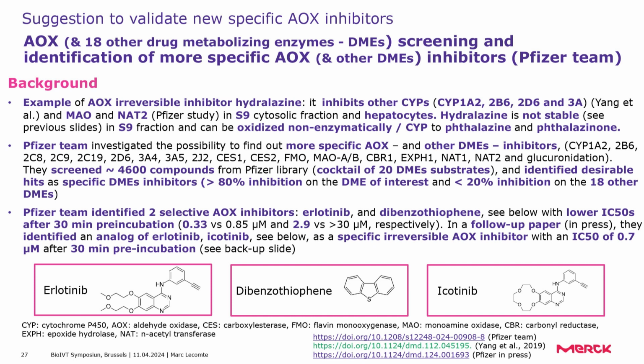They screened roughly 5,000 compounds in their library, and they did it in a wise way. They had a cocktail of 20 enzyme substrates in a pool, trying to identify specific hits, which were defined as 80% inhibition and less than 20% on the other drug metabolism enzymes.